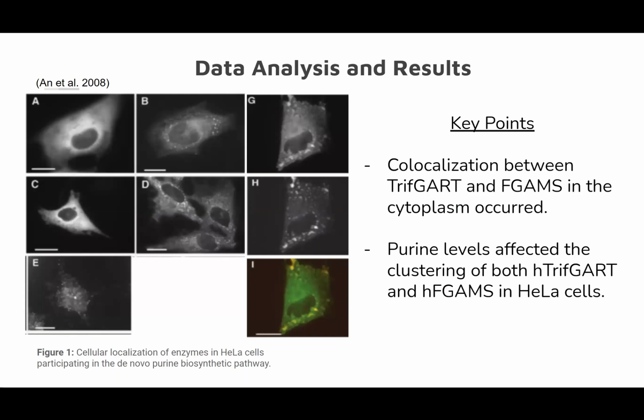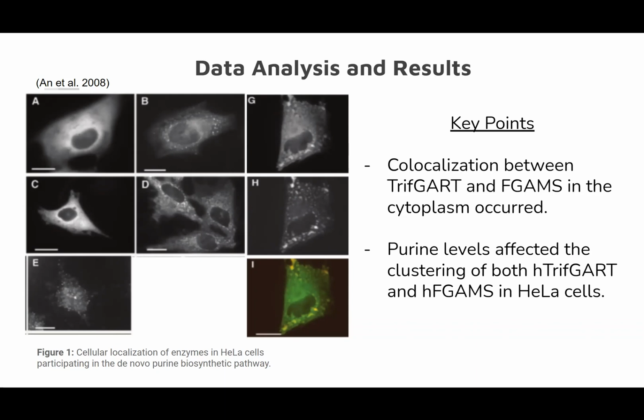So for the data analysis and results, A and C in figure 1 show GFP-tagged enzymes of interest in purine-rich conditions, while B and D show the same enzymes in purine-depleted conditions. Both enzymes show an increase in clusters in purine-depleted media as compared to purine-rich media, which was expected from the hypothesis.